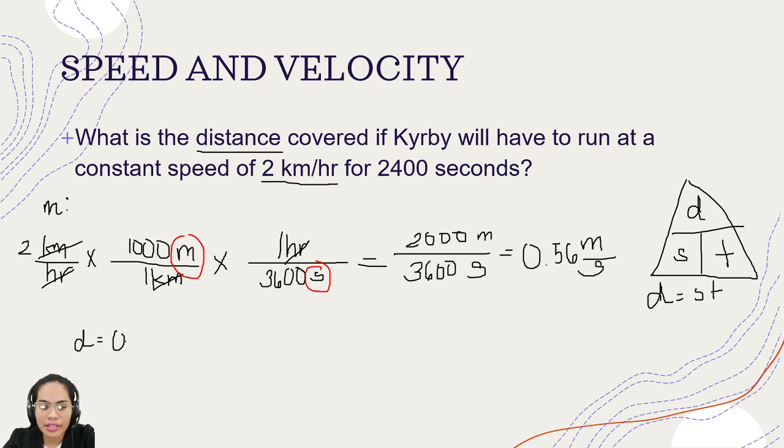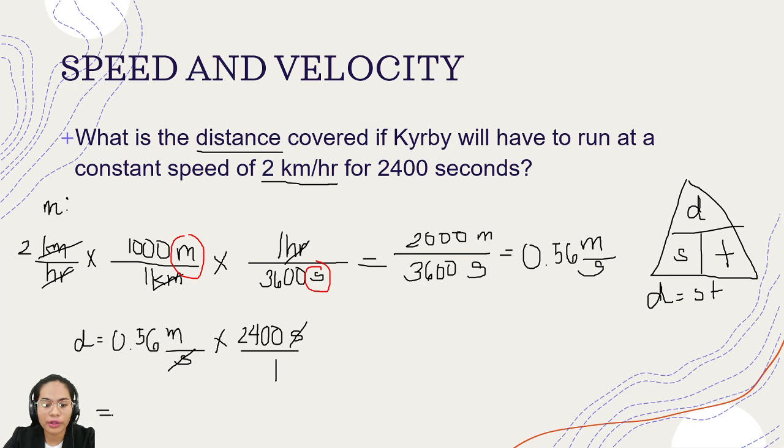This is 0.56 meters per second times 2,400 seconds. Kung napapansin mo, pwedeng over 1 yan. Nasa denominator to, nasa numerator yan, kaya pwede mo lang i-cancel. Ang natirang unit is the meters.